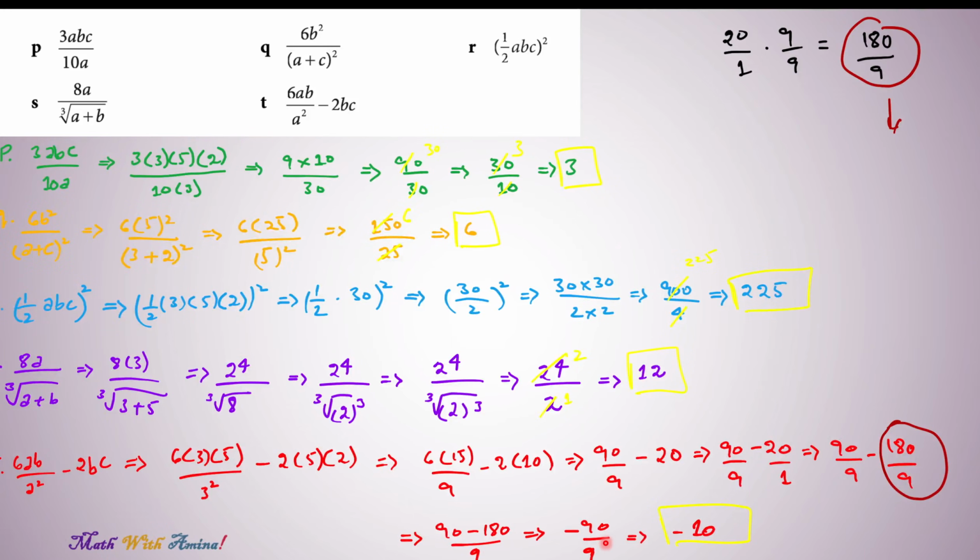If we further simplify, 9 multiplied by 1 is equal to 9. 9 multiplied by 10 is equal to 90. So minus will remain the same. So minus 10 is the final value of this expression.